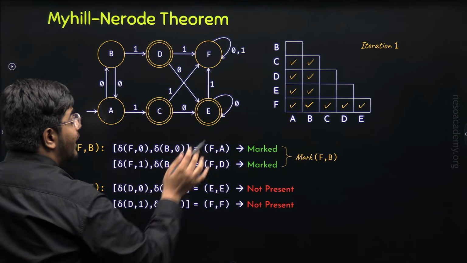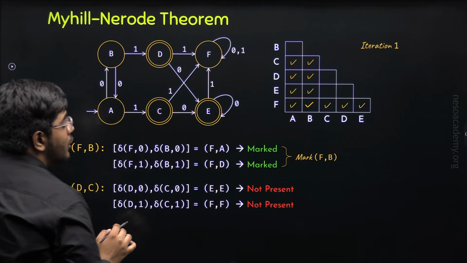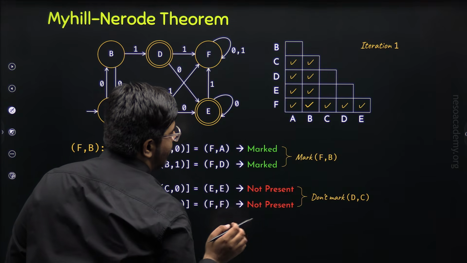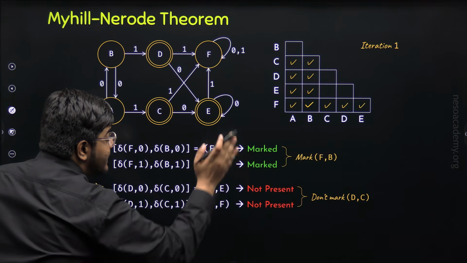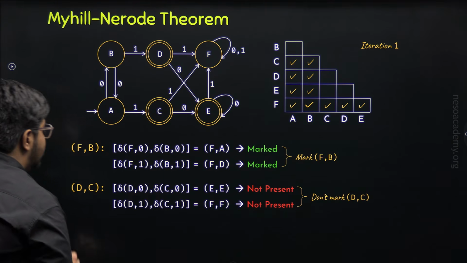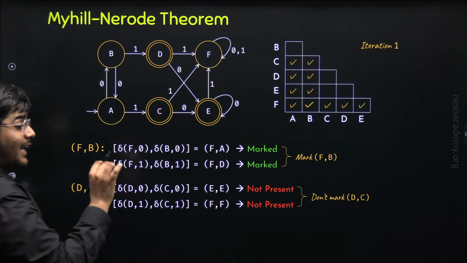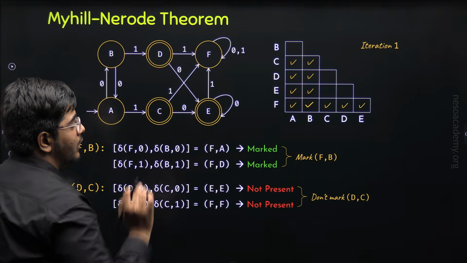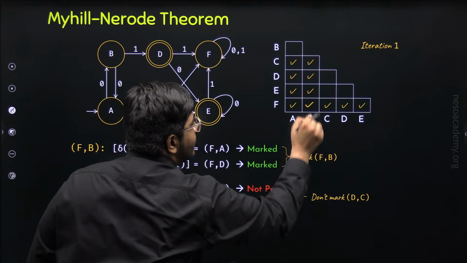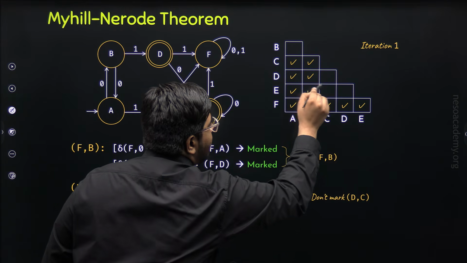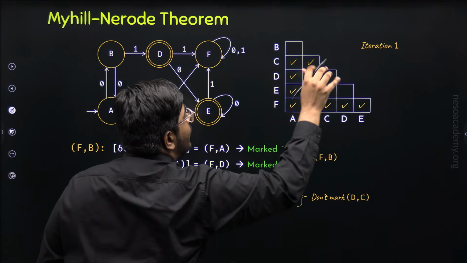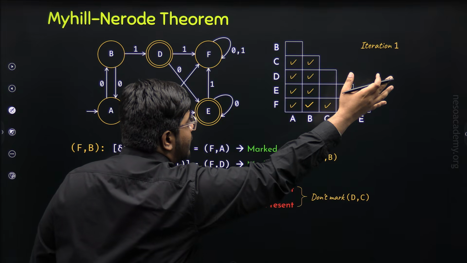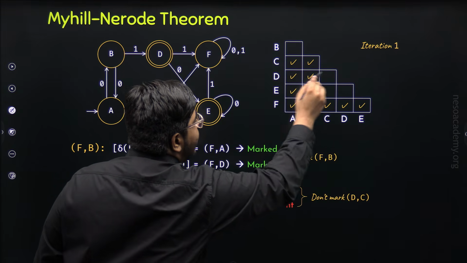Since both the pairs are not even present in this table, we will not mark D comma C. And since these two pairs are not even present in this table, that means D comma C can never be marked in this particular table. So D comma C will always be left unmarked in this table. So even if we calculate iteration number 2, iteration number 3, iteration number 4 or so on, D comma C will always be unmarked.